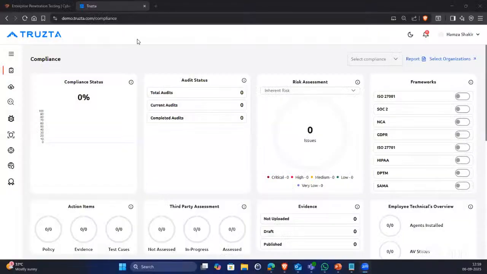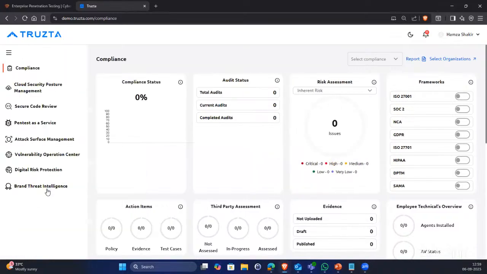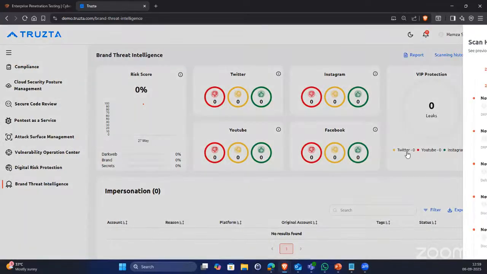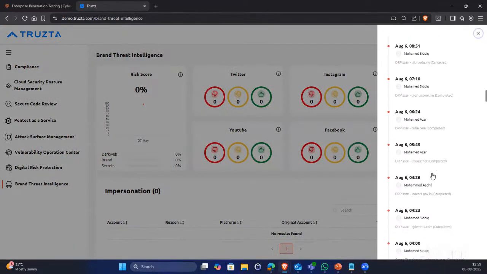Okay, so this is a quick overview of the tool. And the one I was specifically talking about was the brand threat intelligence and digital risk protection. Over here, let me open one of the older scans which we have done.